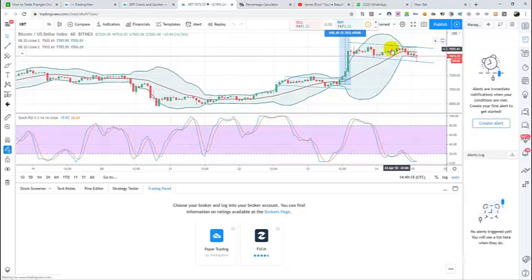You can exit at 7,600. 7,600 is good. As you can see, it hit it here. Or you can even do 7,580 or 590.